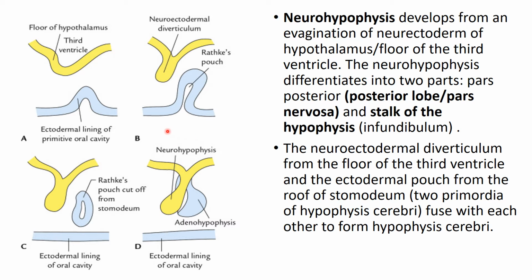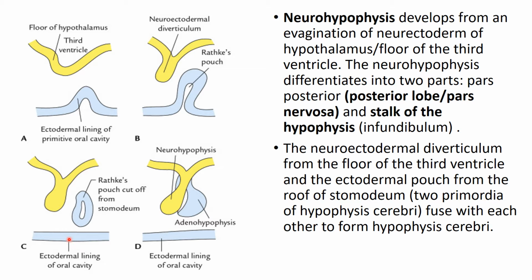In diagram B, we can see this diverticulum of the ectoderm of the stomodium forms a pouch-like structure which is extending upwards. It is called Rathke's pouch. A similar diverticulum from the forebrain vesicle descending down, we call it neuroectodermal diverticulum. This will be lying posteriorly, this will be lying anteriorly.